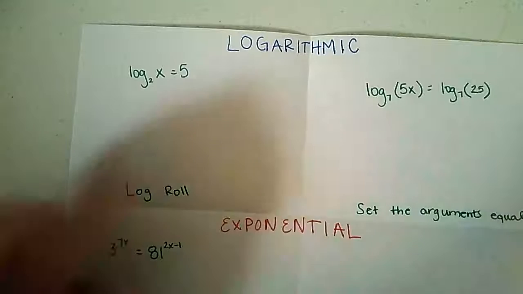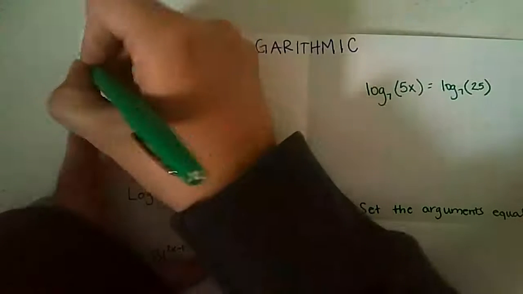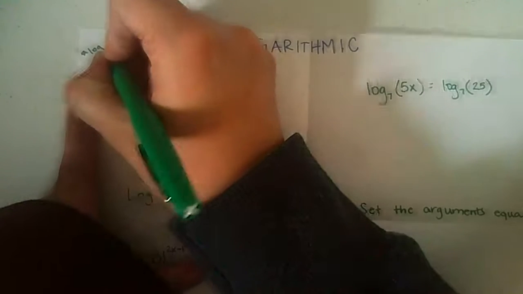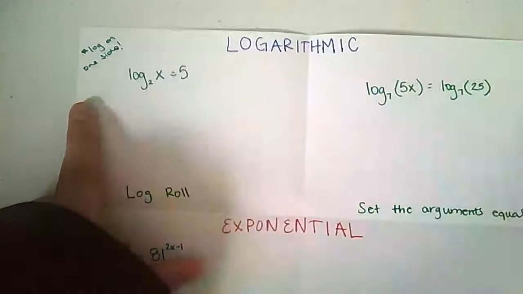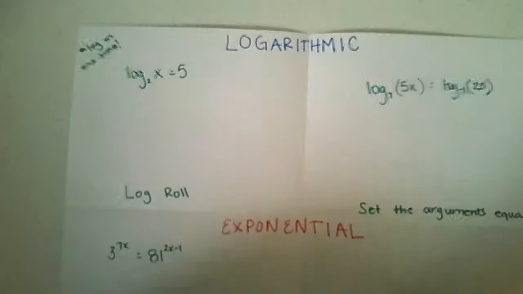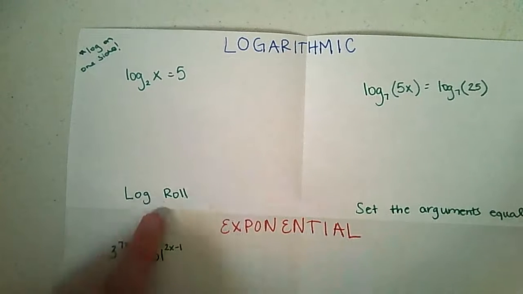So one of the types of the logarithmic functions that we've seen have looked like this, whereas there's a log on one side. So when there's a log on one side, okay? When you have a log on one side, what we do is we do our log roll.